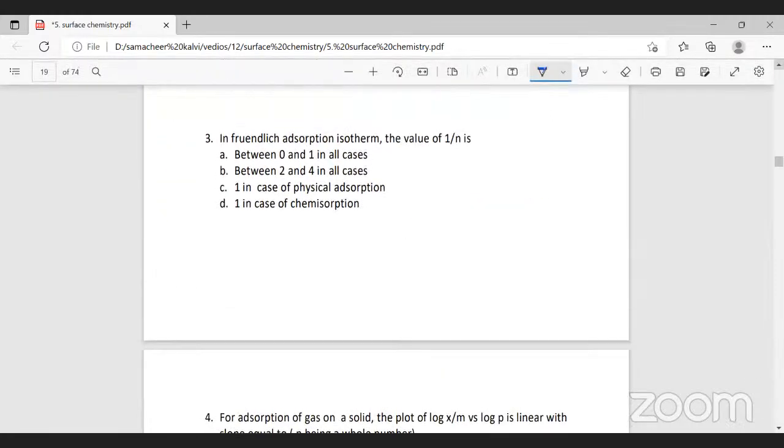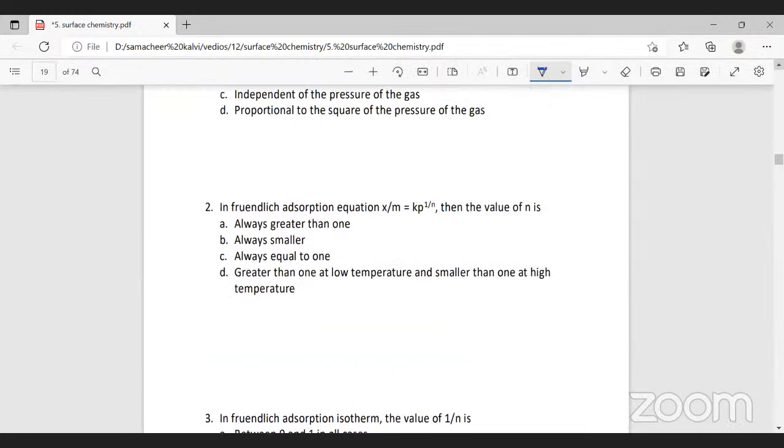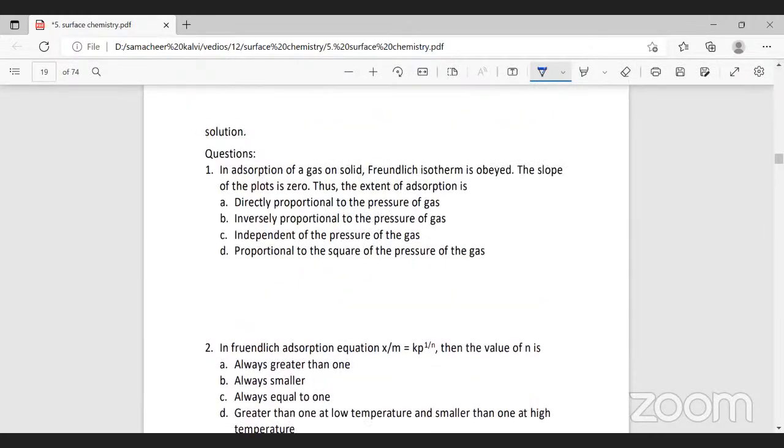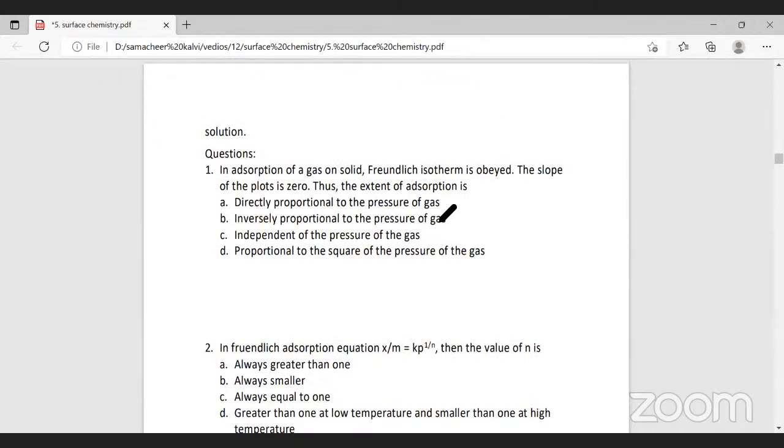Now, we'll learn some questions based on the Freundlich adsorption isotherm, and then we will go for the concept called catalysis. This is what you're supposed to know with respect to adsorption. Based on the questions we learned yesterday and what we're going to learn today, they can ask you some questions in the exams.